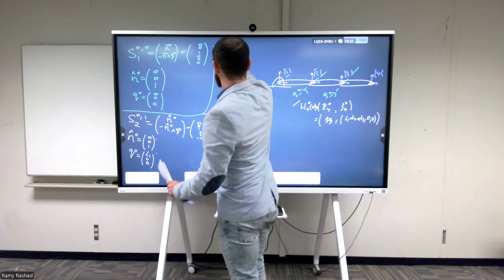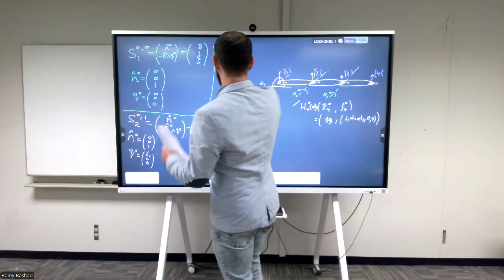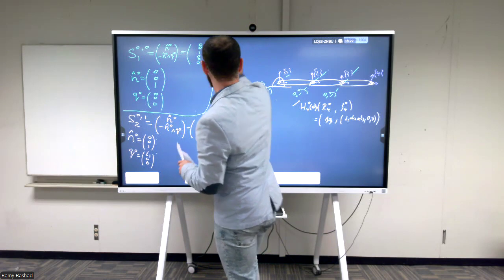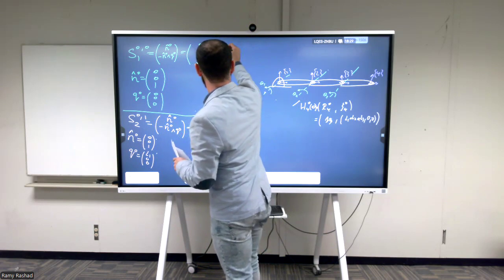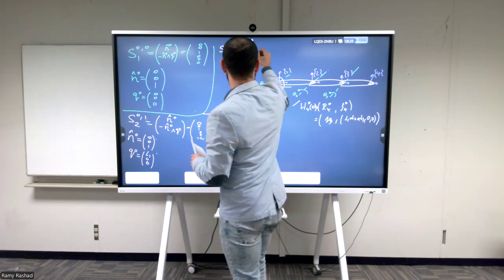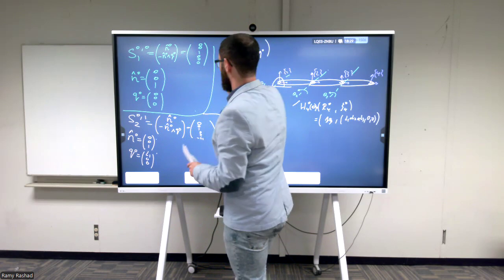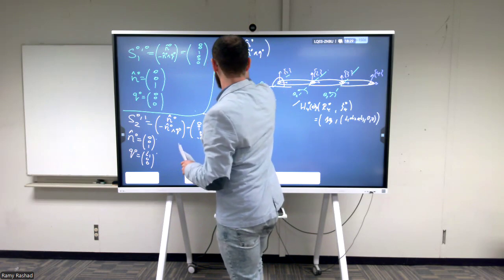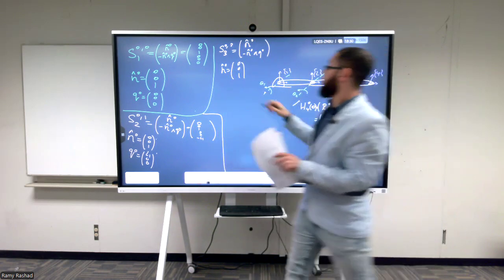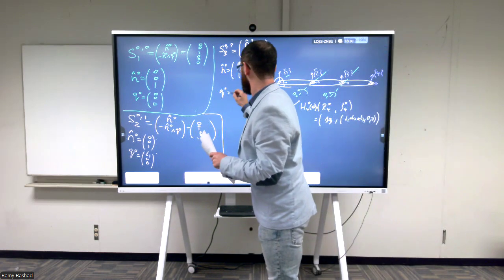Let's take the third. Okay, let's take S3, 2, 0, which is again n hat 0 and minus n hat 0 cross with q0. What about the n hat 0? It's also 0, 0, 1 because I'm also rotating around the same axis. What about the q0?